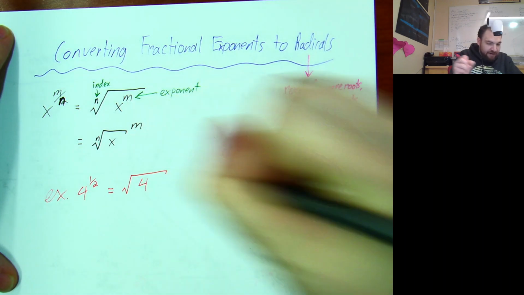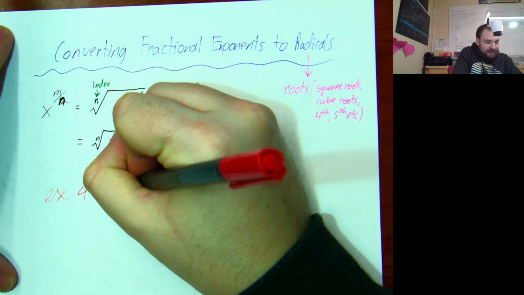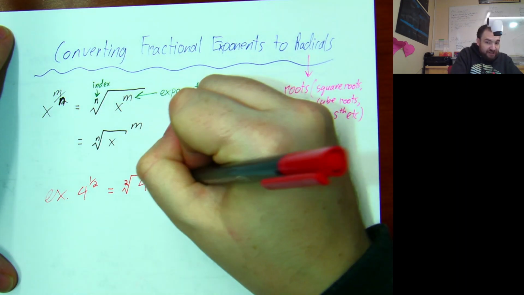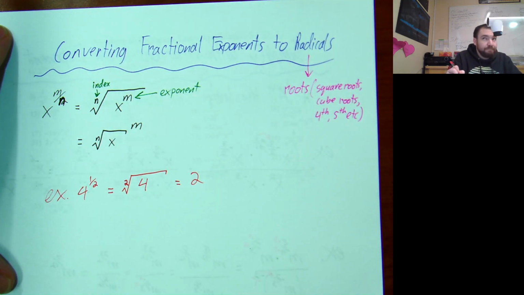You put the base in there. In this case, the numerator is 1. Do I ever have to write the exponent of 1? But 2 is going to go where? Yeah, in that little slot right there. So what am I actually looking for when I have 4 to the 1/2? I'm looking for the square root of 4, which is 2, and now we're done. Easy, right?